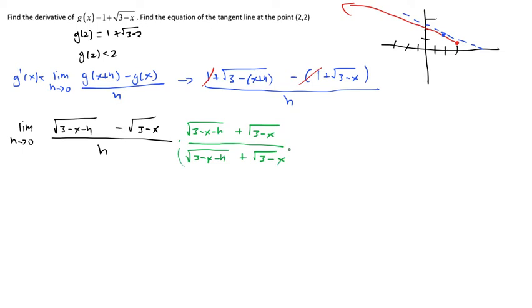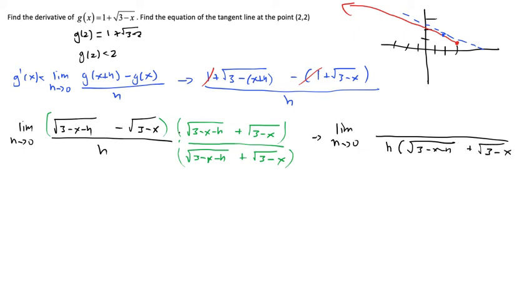I'm going to put parentheses around these to make sure that we do this properly. Now notice what happens here. Limit as h approaches 0. On the denominator, I'm not going to multiply this out. I'm just going to keep that h there, and then radical 3 minus x minus h plus radical 3 minus x. What happens in the numerator though?